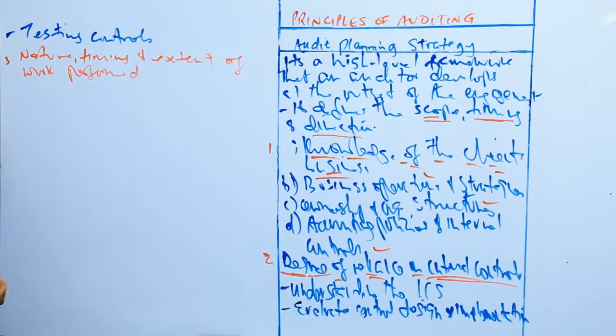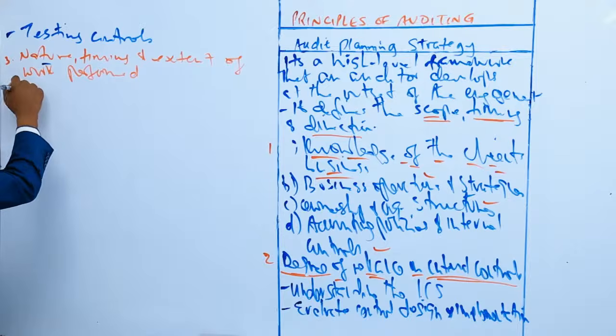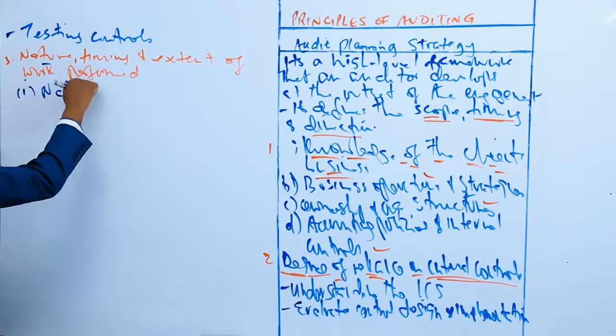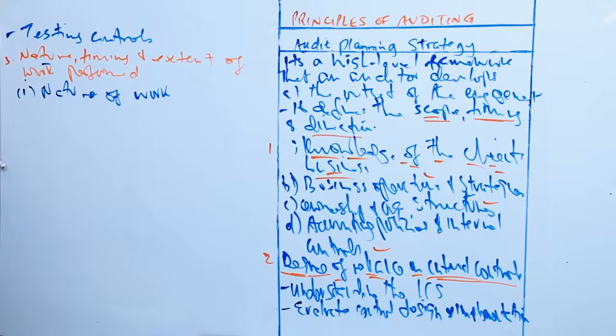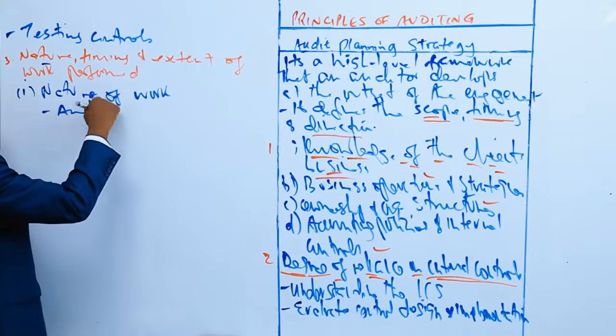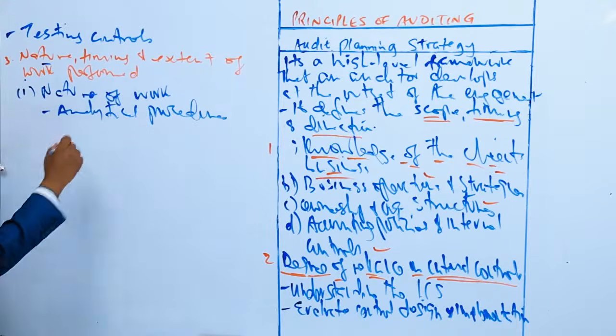The nature of work. These are 3 things. One, we have nature of work. This refers to the types of audit procedures to be performed. Examples include analytical procedures.